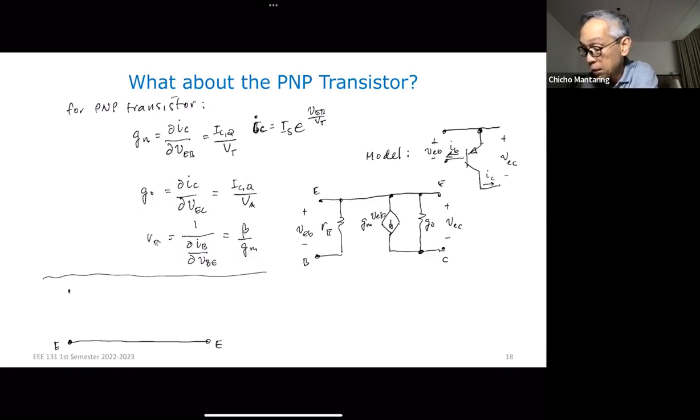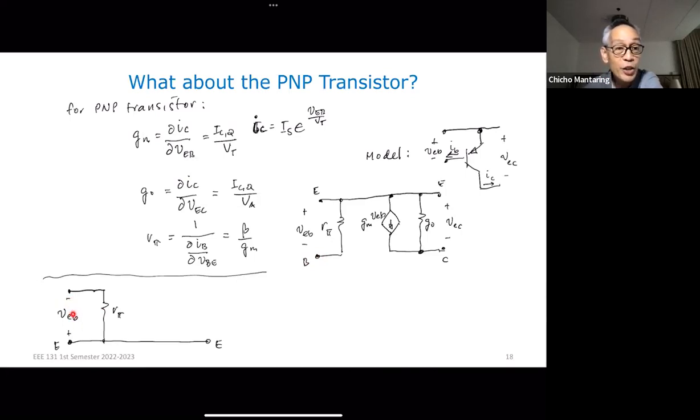I draw my base. This is R pi. Okay. Saan yung plus ko? Plus, minus, that is plus minus VEB. Right? Kasi yung plus ko nasa E, yung minus ko nasa B.